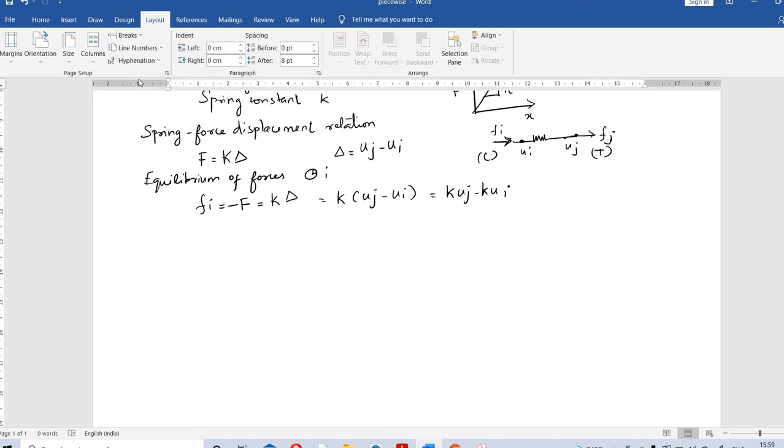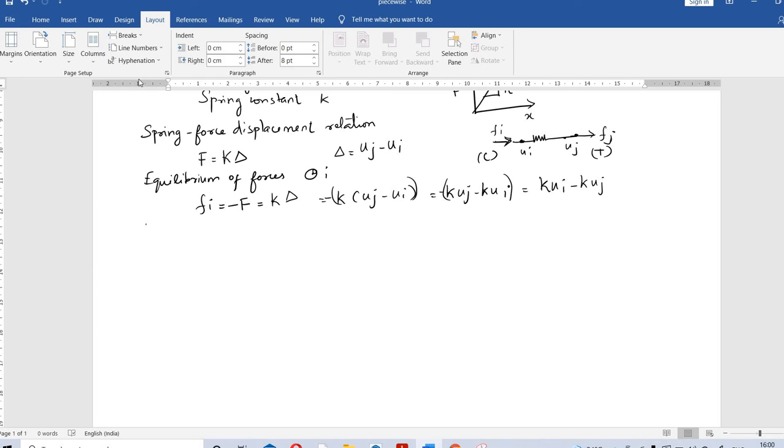I am putting the minus sign for F because of the compression force, so I am going to multiply the negative sign with this equation. So our expression may be rewritten as Kui minus Kuj.